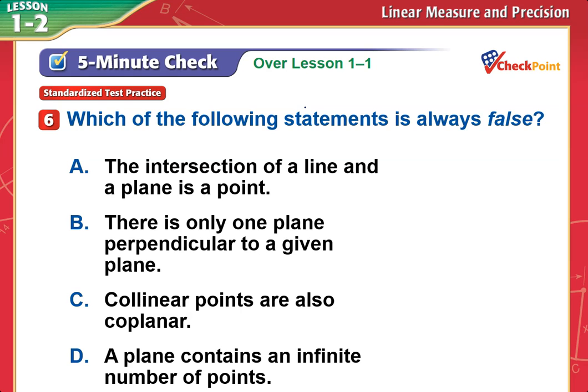So a line and a plane can intersect exactly at one point when that line passes through that plane. The correct answer here is there's only one plane perpendicular to a given plane. You could have multiple planes being perpendicular to one given plane.